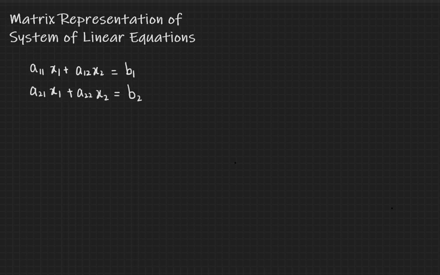We can always write a system of linear equations in matrix form as the matrix whose entries are the coefficients in this system of linear equations. So the entries of this matrix are a11, a12, a21, a22.